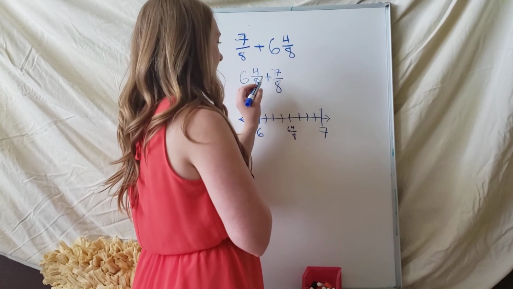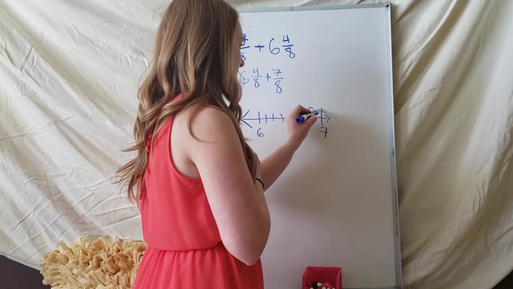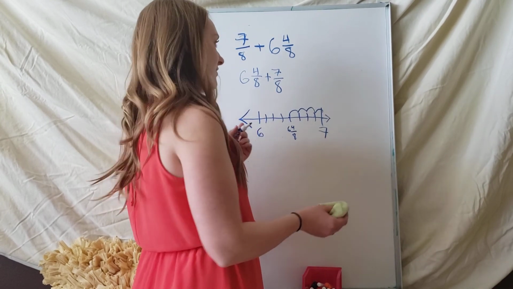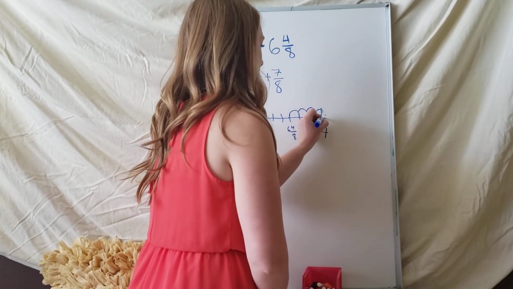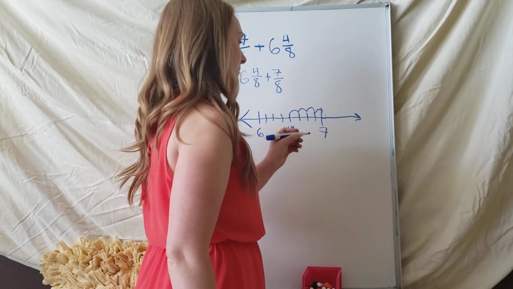And now I need to add 7/8. 1, 2, 3, 4. Uh-oh. I think my number line needs to go a little bit farther because I'm not all the way to 7 yet. Just extend it. This is what I'm talking about with erasing the number line and keeping it going.